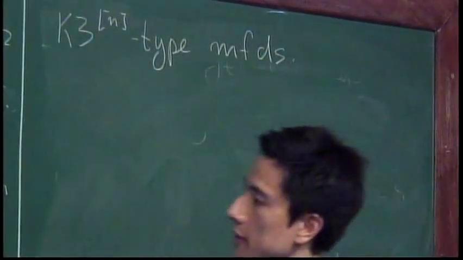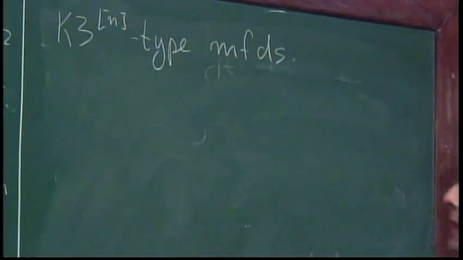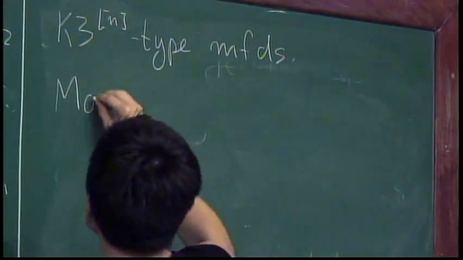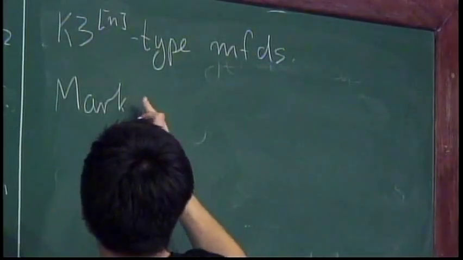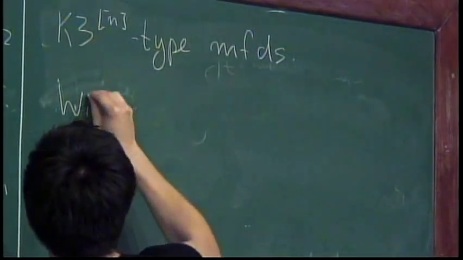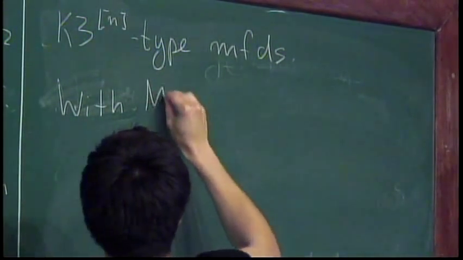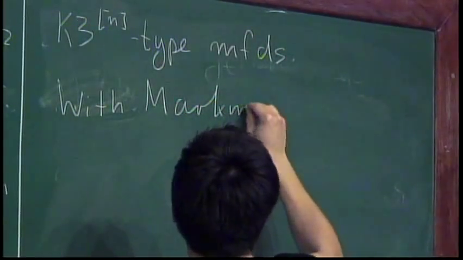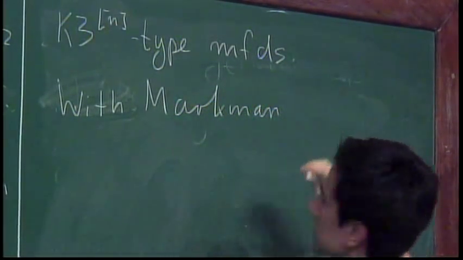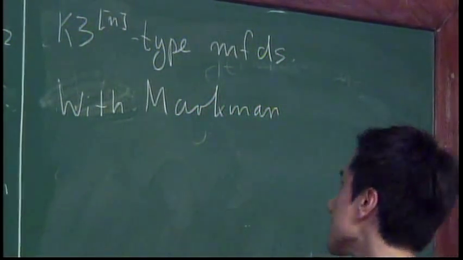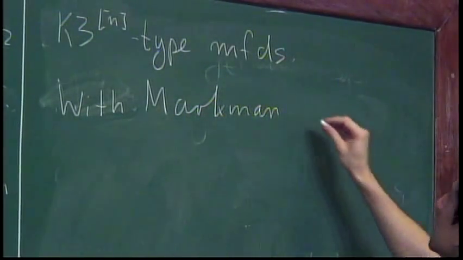Okay, and then with Markman's methods, we can describe a connected component of the moduli of Lagrangian fibrations with the total space always of K3^[n] type.